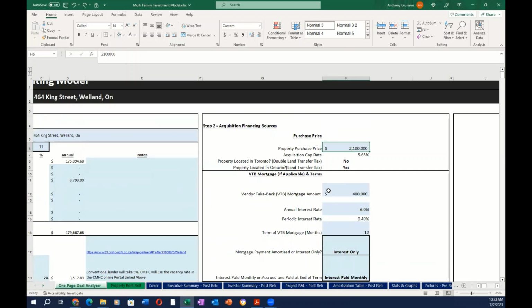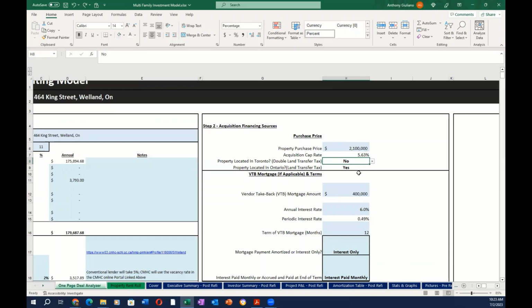So I've entered in that I'm going to pay about $2.1 million. That would be about a 5.6% cap rate on acquisition. Now, I've also given the option to enter in land transfer taxes for the property here in the local Ontario market or the Toronto market.